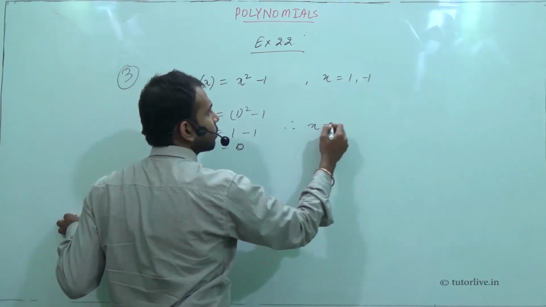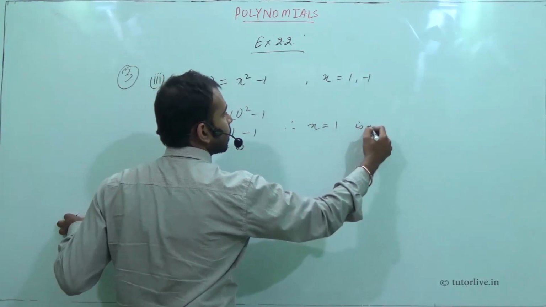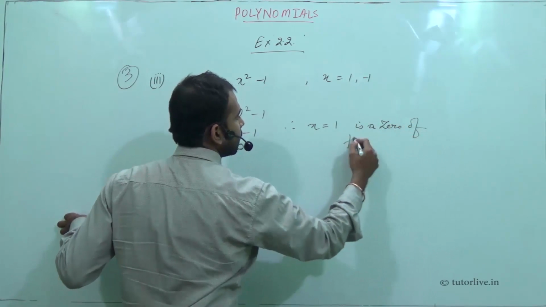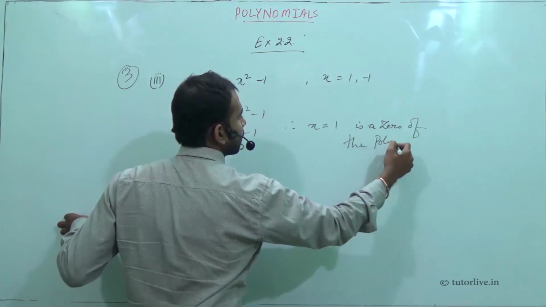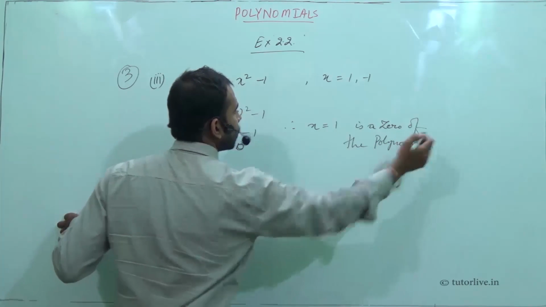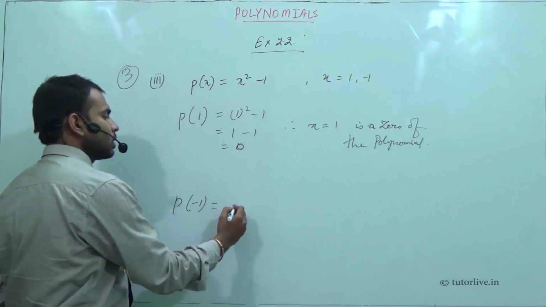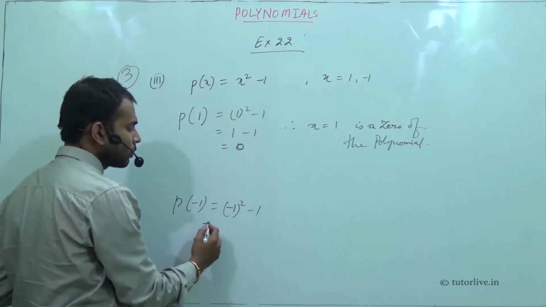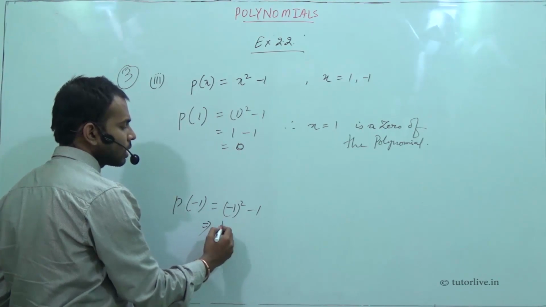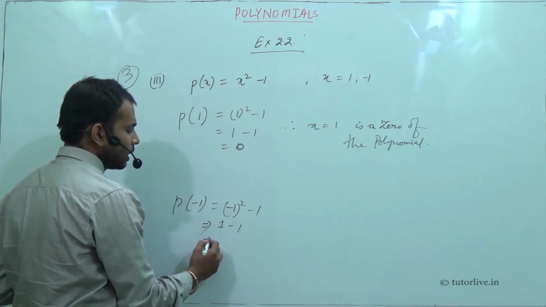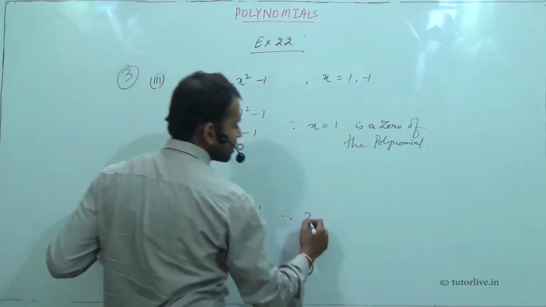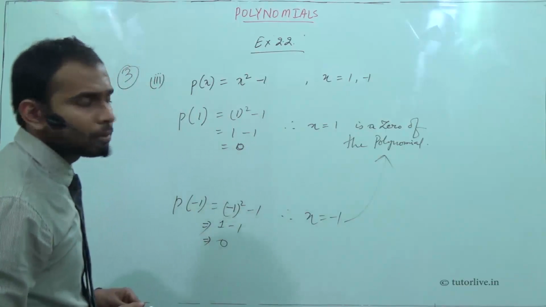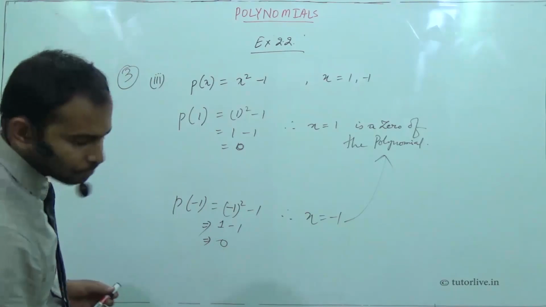Therefore, x is equal to 1 is a zero of the polynomial. Now we take minus 1 square minus 1, just substituting the value of x there. Minus 1 square is 1 again, minus 1, it comes out to be 0. Therefore, yes, x is equal to minus 1 is also a zero of the given polynomial. Easy.